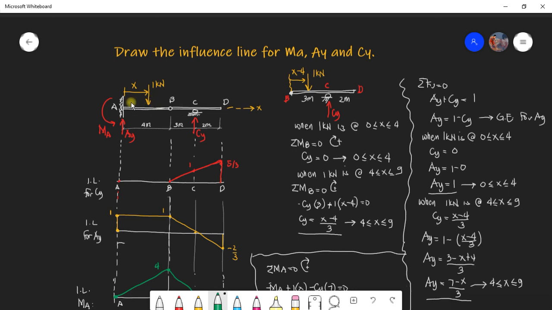Let's say, meron kang sasakyan na dumadaan. So, yung weight ng sasakyan na tra-transfer sa wheel, and then yung wheel ang magtra-transfer ng load ng sasakyan sa bridge or sa supporting structure. And that concentrated load is constantly moving along the entire length.